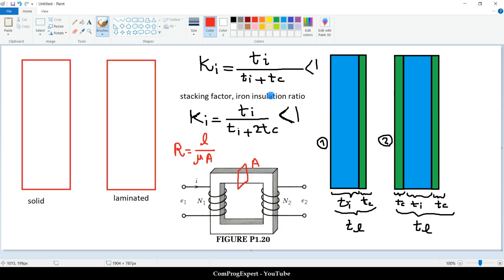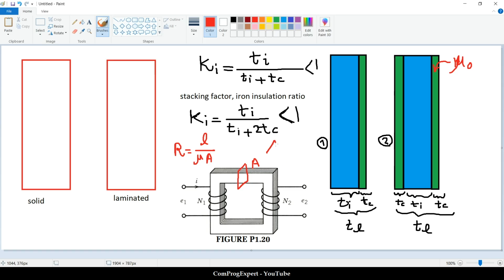You know, the magnetic permeability of the insulation material is like air. This is mu0, right? And we have flux in the iron part. The magnetic permeability of the iron part is high. So the area is the net area of the iron part, not the area of the iron plus the insulation coating.